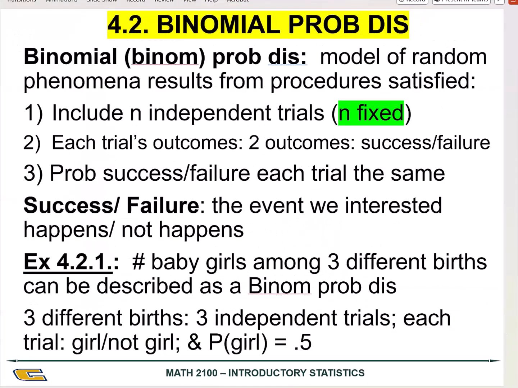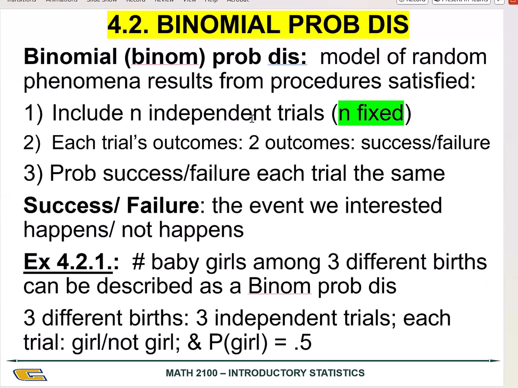So what is a binomial probability distribution? A binomial probability distribution, we write here for short binom prob, which is for probability, and this for distribution, to save space in our slide. It can be used to model random phenomena that result from a procedure that satisfies the 3 following conditions.